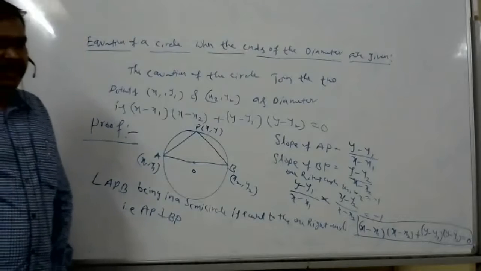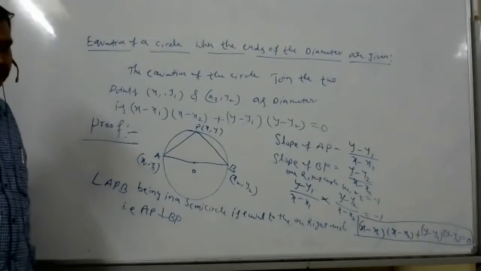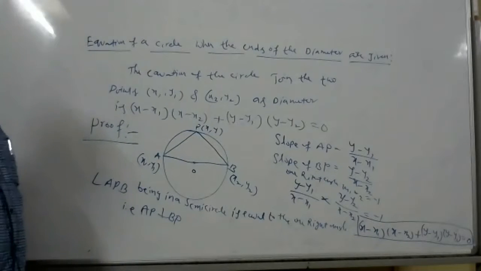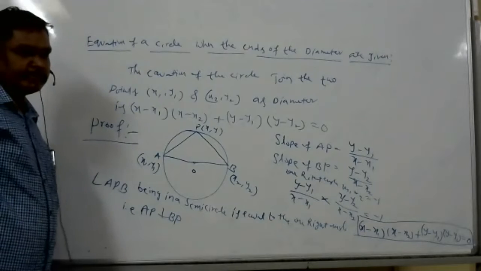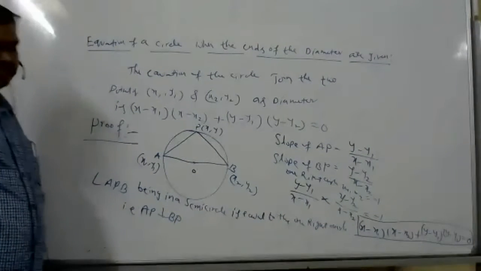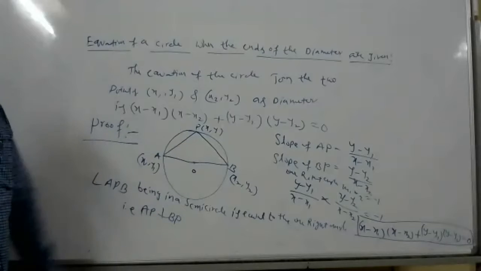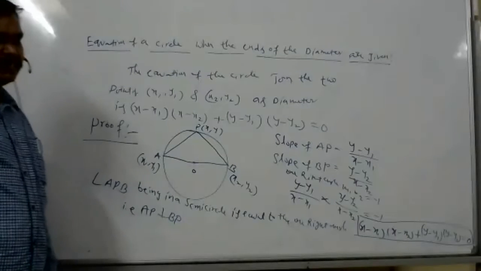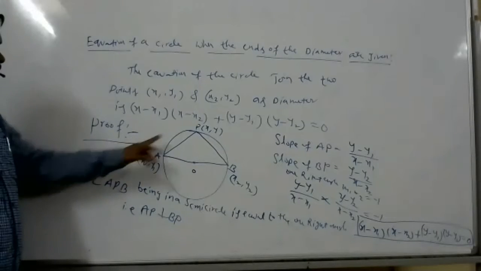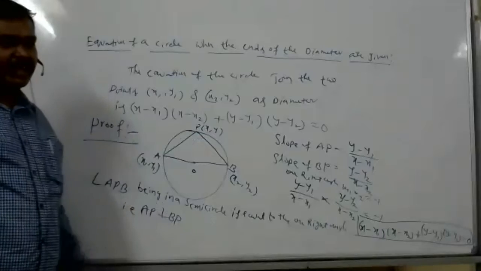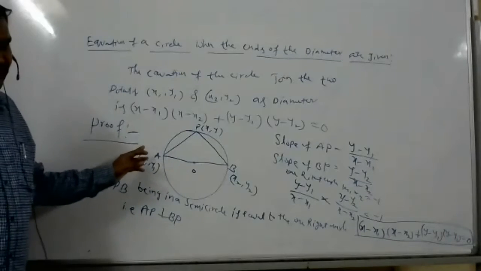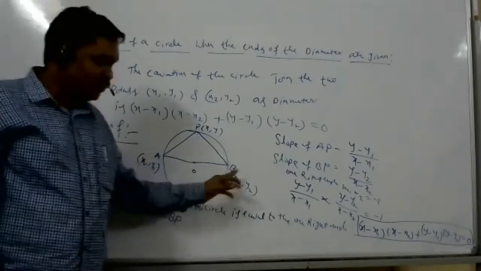Ends of the diameter is important. Diagram explanation also right. Let A x1 y1 and B x2 y2 be the points, and let P x comma y be any point on the circle, and join AP and PB.